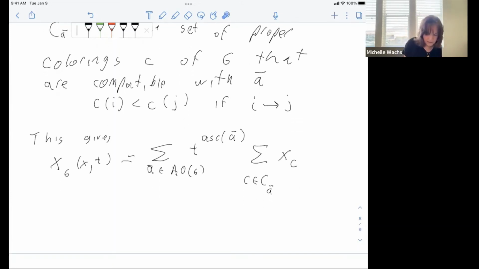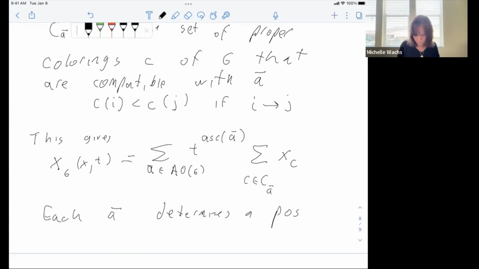Each acyclic orientation A determines a poset P_A.